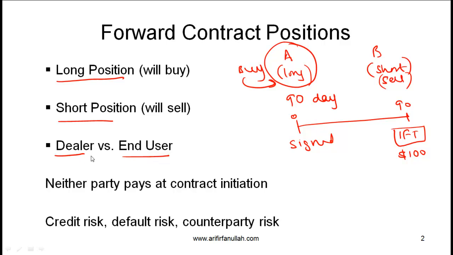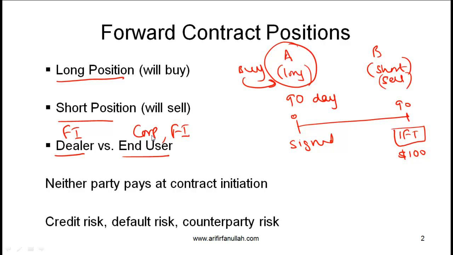A dealer is an entity, typically a large financial institution, which creates these contracts and acts as the counterparty for end users. End users could be any corporation that wants to hedge its risk, or another financial institution.